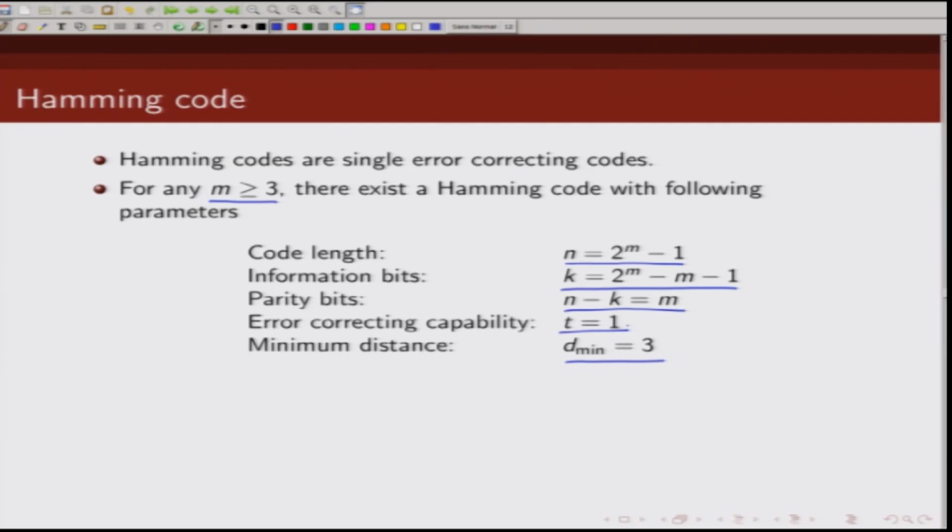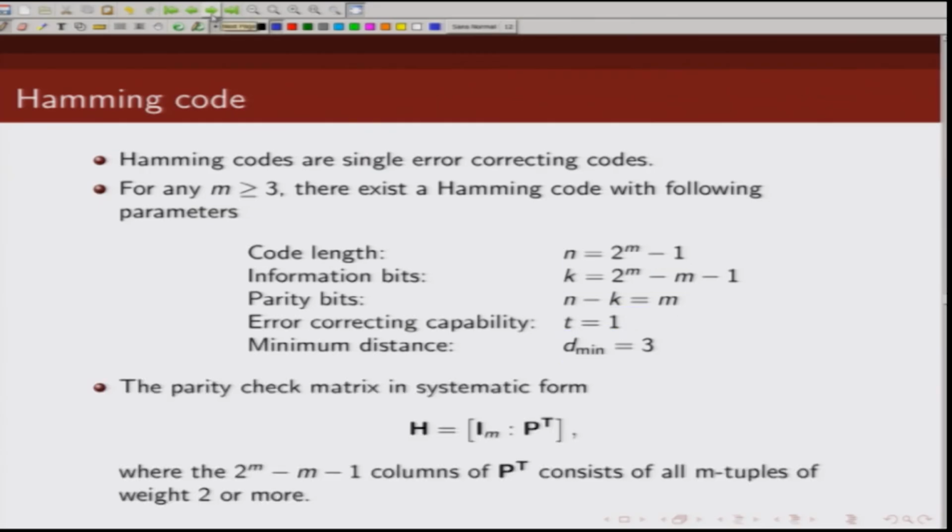So, how do we describe a Hamming code? We can describe the Hamming code by a generator matrix or the parity check matrix. The parity check matrix of a Hamming code consists of all non-zero m tuples. If the number of parity bits is m, then the code word length is 2 raised to the power m minus 1, and the entries in the parity check matrix are all non-zero m tuples. Now, how many m tuples do we have?